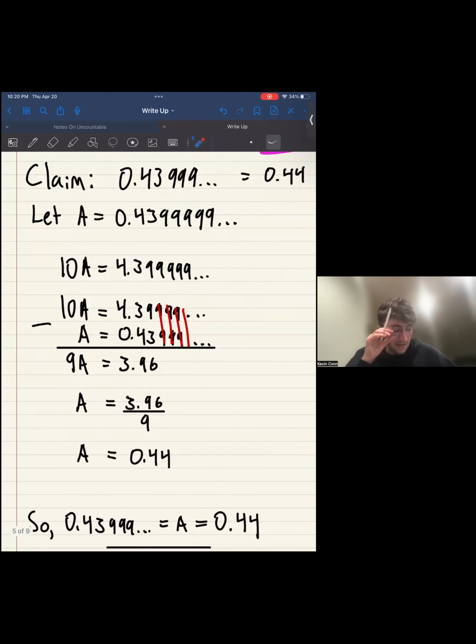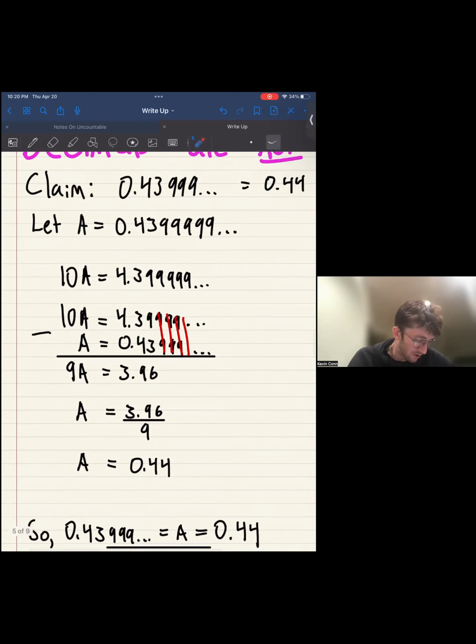So 10A minus A is 9A, and 4.399999999 minus 0.43999999. In the first video, I crossed out these 9s because they just match up and take care of themselves. So we really have 4.39 minus 0.43, which is equal to 3.96. Do a little bit of algebra, divide by 9. A is equal to 0.44.